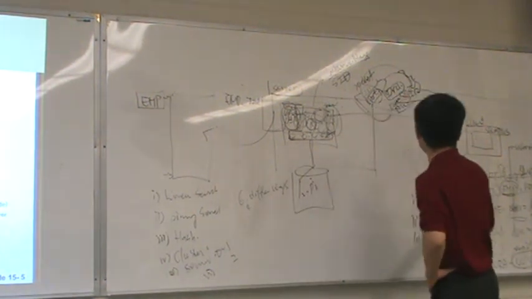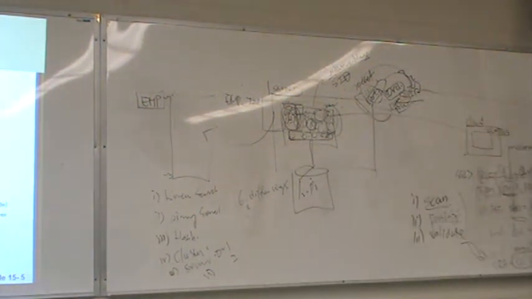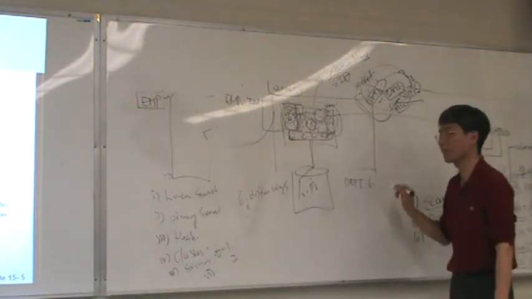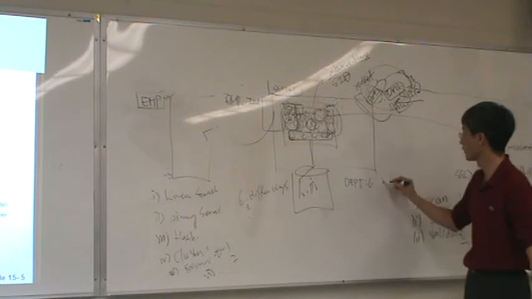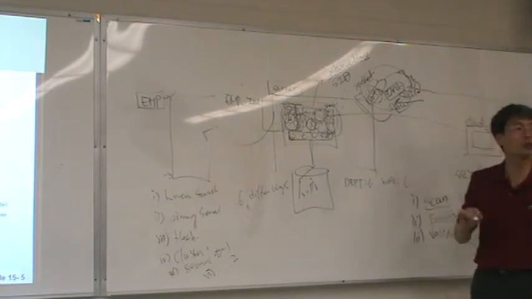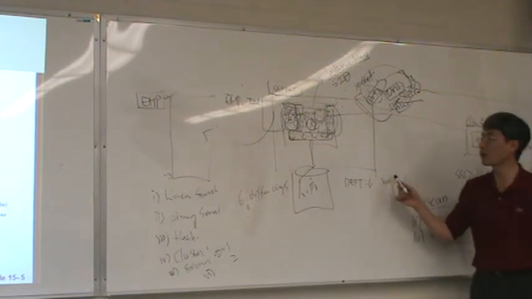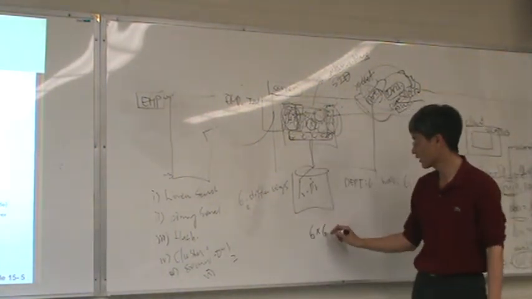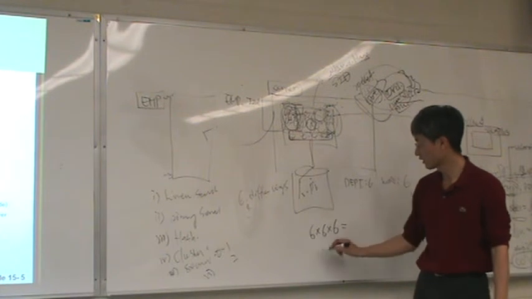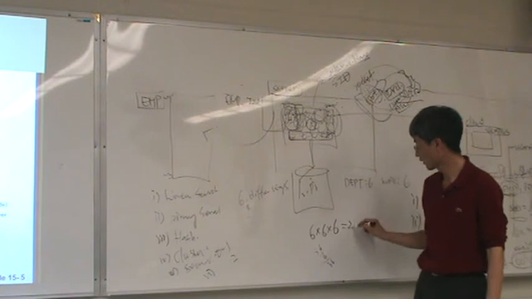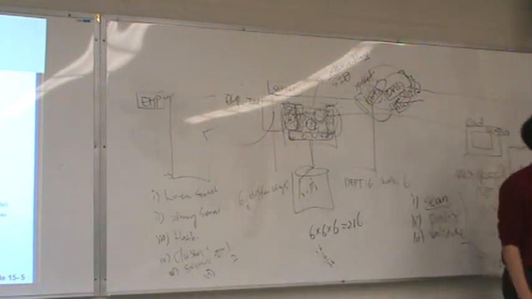How many tables do we have in this case? Department has 6 different ways. Also work zone has 6 different ways. In total, how many? 6 times 6 times 6, 216 different ways.